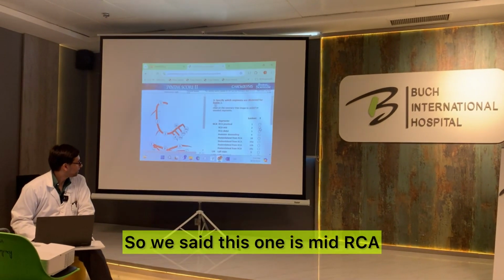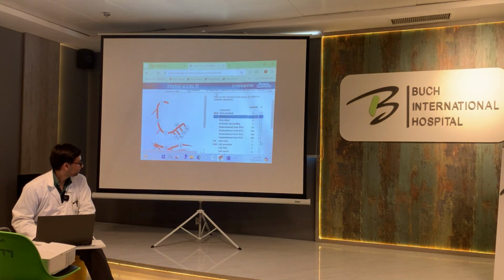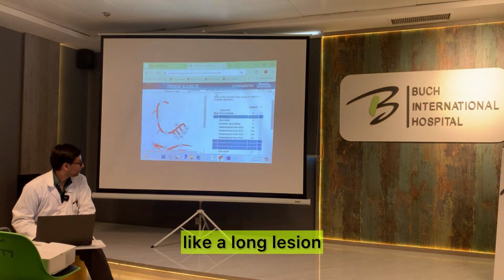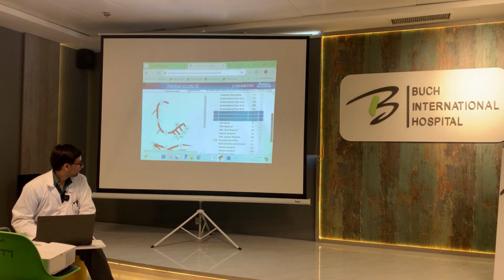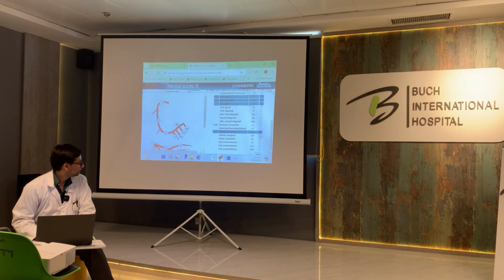So right dominant system. So we said this one is mid RCA. There is left main disease involving proximal and mid, like a long lesion. Circumflex, there is both obtuse marginal which are involved.